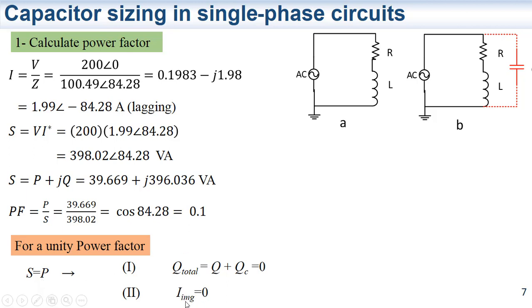Or we can push the imaginary part of the current, which is in this case 1.98, we can push that value to 0. The current in this case will have only the active component.